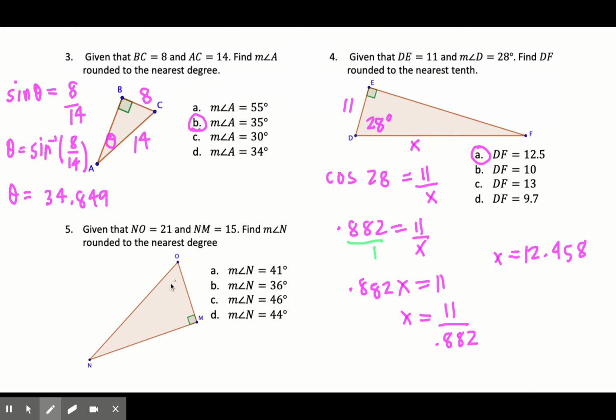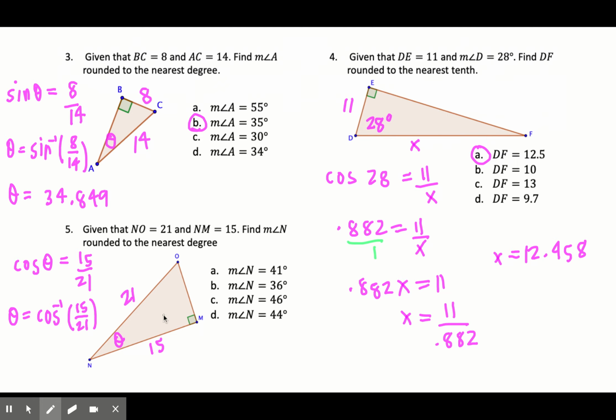For number 5, it says NO is 21, NM is 15. Find measure theta. So then that's cosine, it's adjacent over hypotenuse, so cosine theta equals adjacent over hypotenuse, so theta equals inverse cosine of 15 over 21.